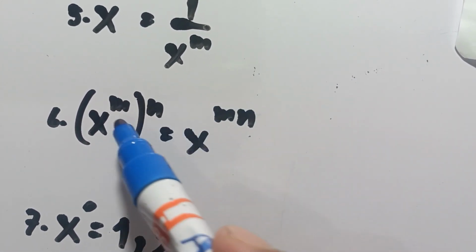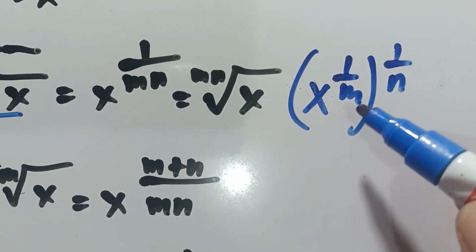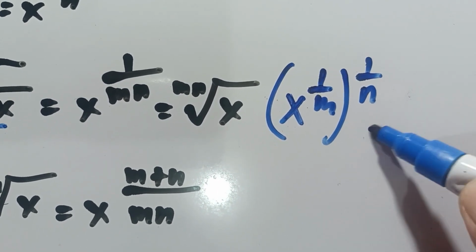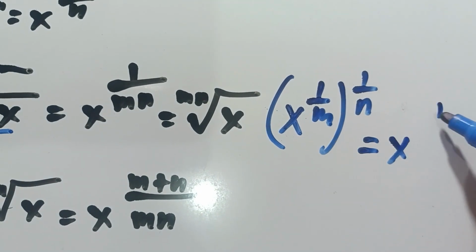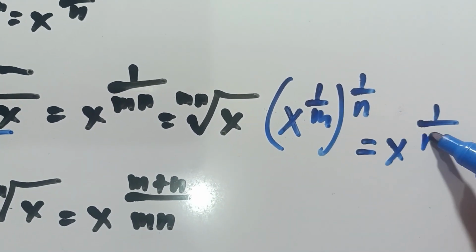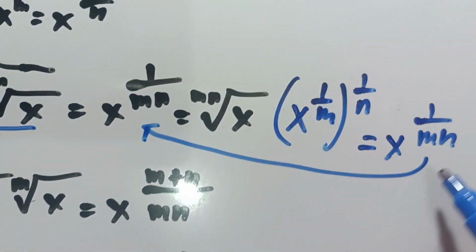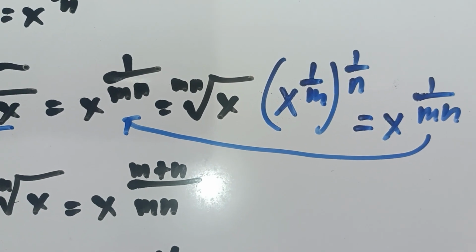So we just multiply the powers. We multiply by using rule number 6. So this will become x to the 1 times 1 is 1, m times n is mn. And this is the formula. And this formula is correct, based on the law, rule number 6.